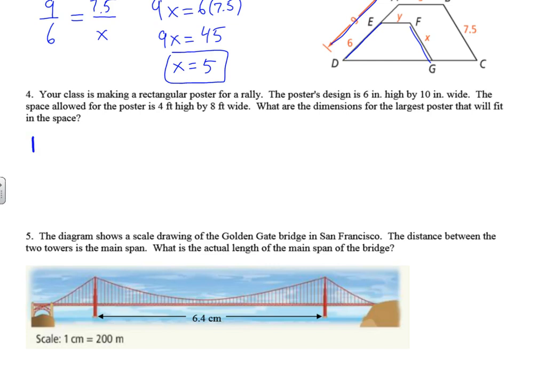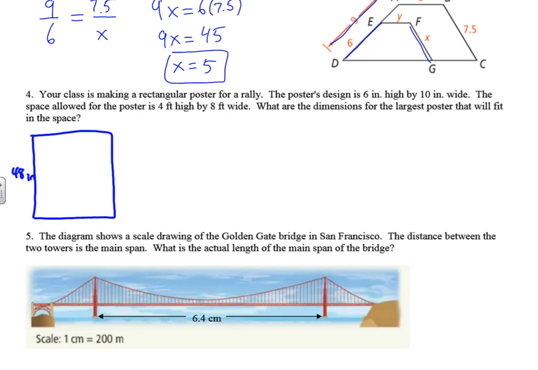So what I do when I think about these questions is, okay, I've got a 4 foot by 8 foot wide space. Now I'm going to convert that to inches because my design is in inches. So 4 times 12 is going to be 48 inches.